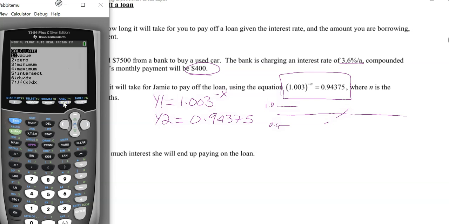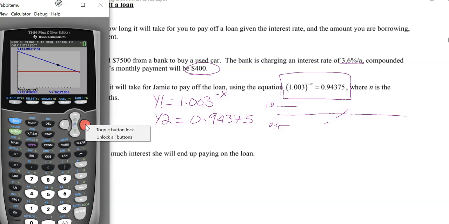So second calc, we want to intersect, and I'll toggle that on. And I'll toggle that off. And go 1, 2, 3. It says 19.32. Okay, so give the details.